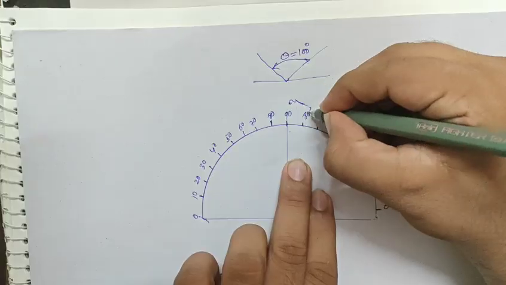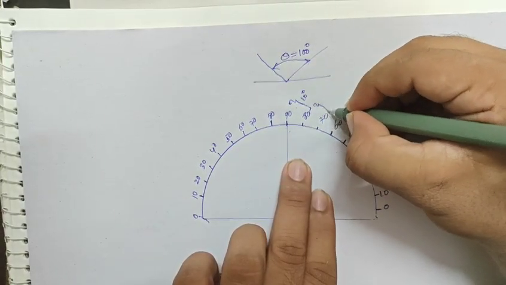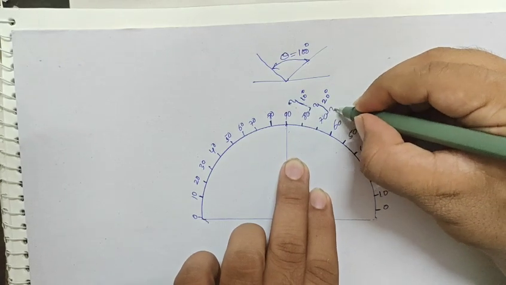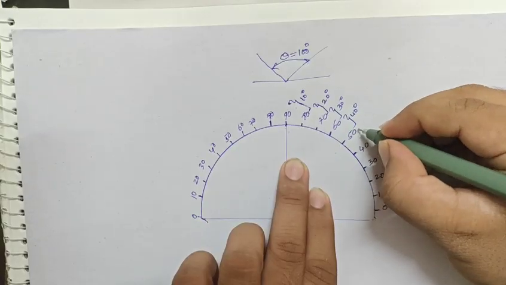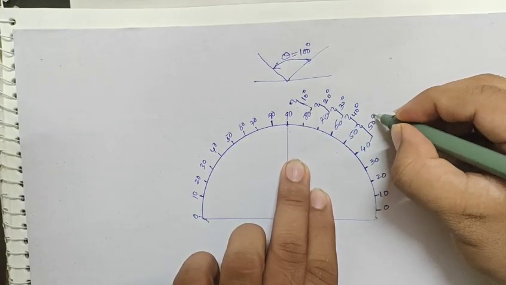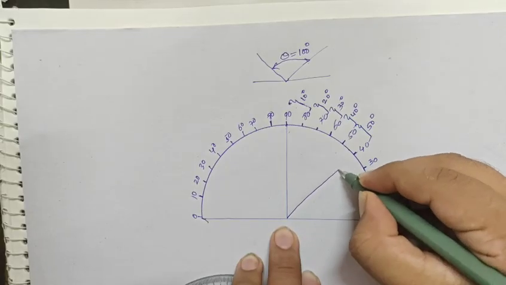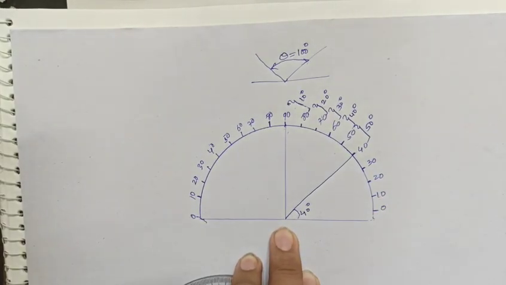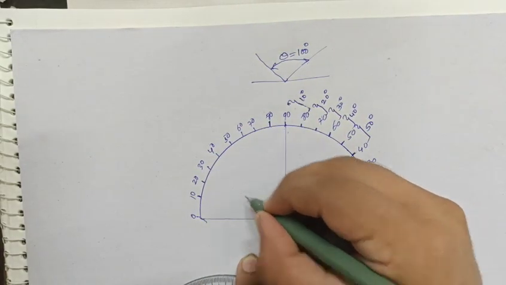Then let us see. This is 10 degree, are you agree or not? Yes. From 80 to 70, 20 degree, and this is 30 degree, 40 degree, 50 degree. So from this point we need to measure how much? 40 degree from this side, and from this side how much we want? 40.